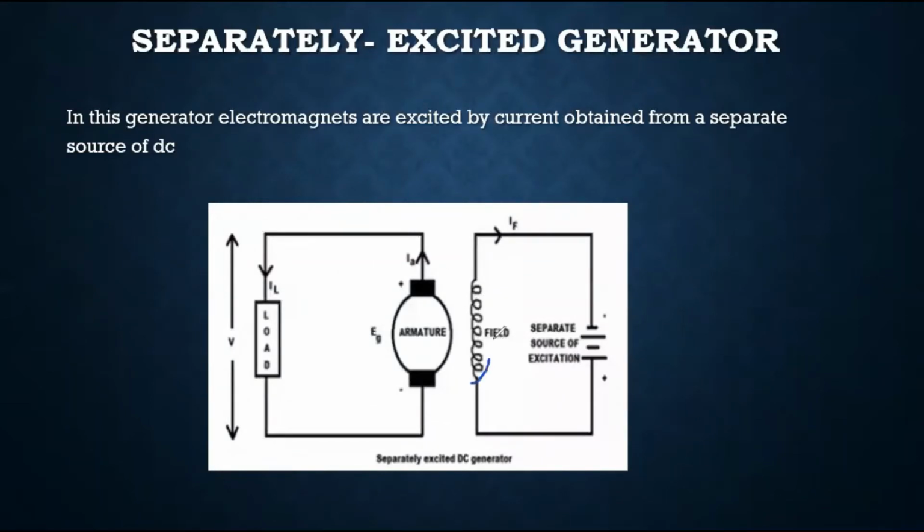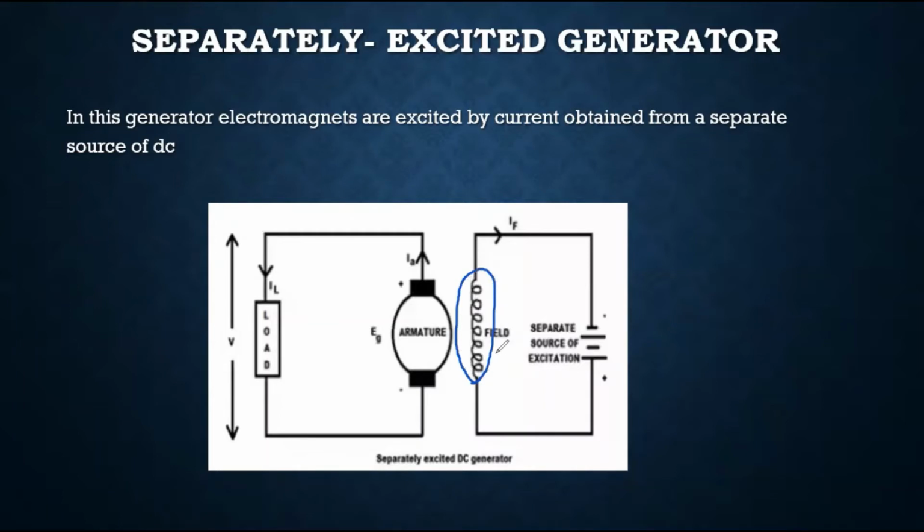You can see we have an electromagnet here. This electromagnet is excited by a separate source of power. That means we are sending a current, a charge, from a separate source of power to this electromagnet, and because of this charge, the magnetic field in the electromagnet is created.